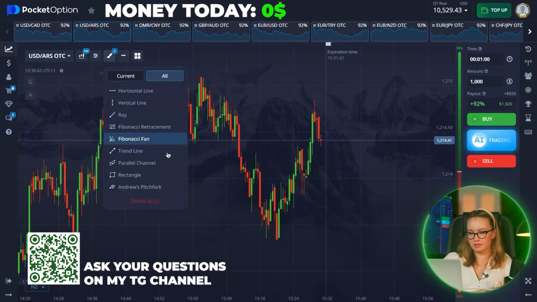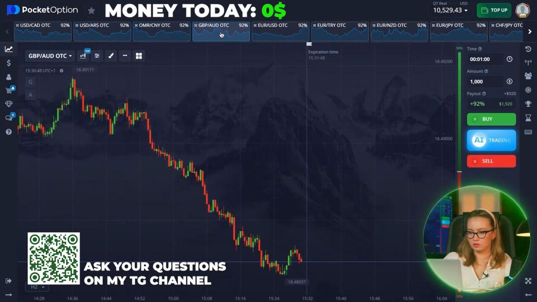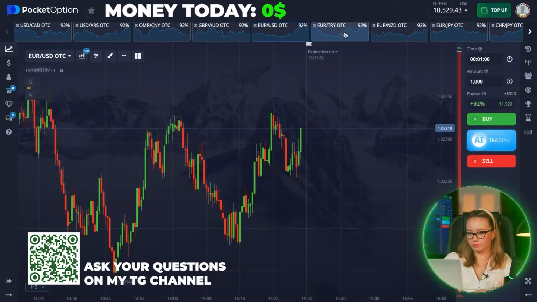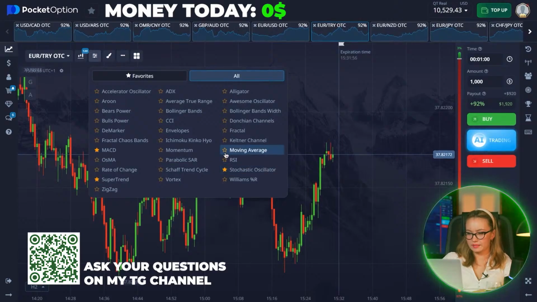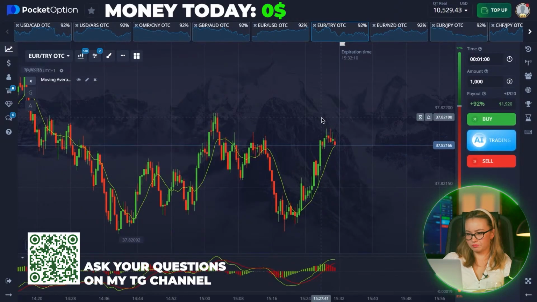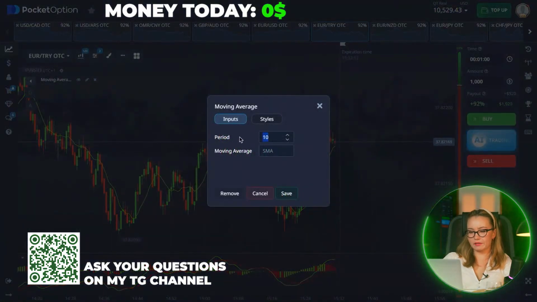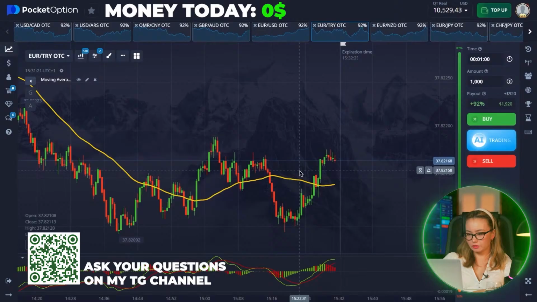Or maybe we should add some indicators after all. Let's watch. Yeah, let's do that, it will be easier. Let's add the moving average and maybe RSI. I want MACD. Perfect. Now let's set the moving average period to 50 and make it more visible. Save it. And we go trade.